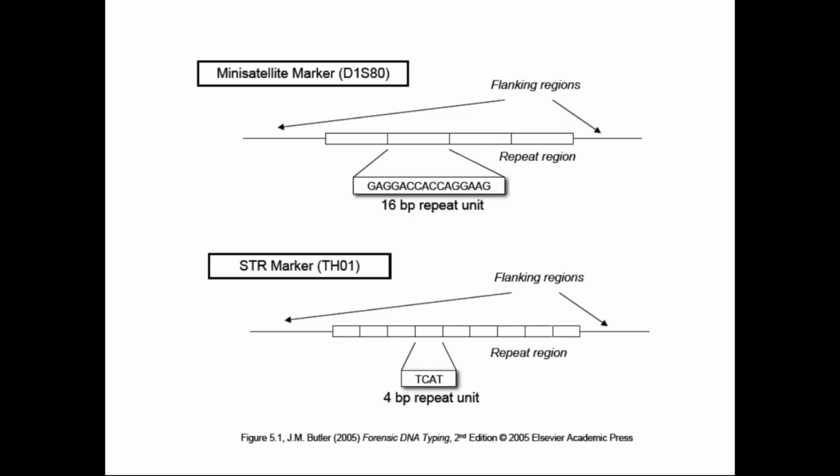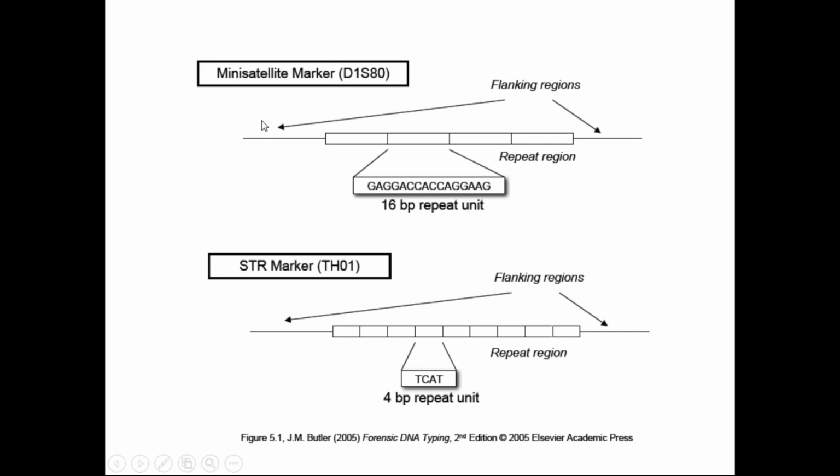This one is the minisatellite and short tandem repeats. If the repetitive sequence is larger, as you can see here, a 16 base pair repetitive sequence, such a repetitive sequence is known as a minisatellite marker. But if your genomic DNA has only a 4, 5, 3, or 2 base pair repetitive sequence, such a repetitive sequence is known as an STR.